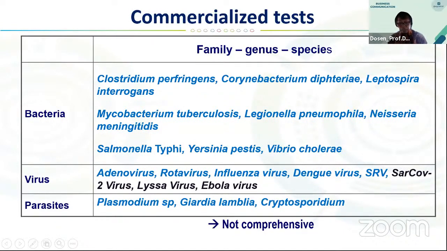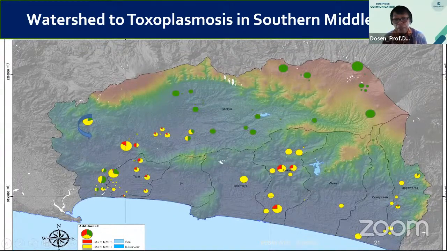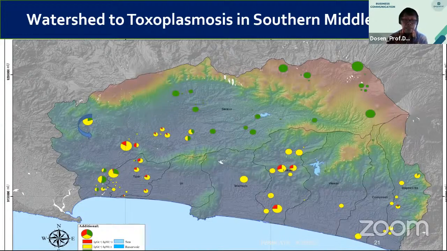I used this technology to map the disease in Middle Java, because we have parasitic disease surveillance in many different provinces: Bali, Yogyakarta, Middle Java, and West Java. Then we have a result to show all of you how the disease is distributed. We used a rapid diagnostic test to identify and map the disease.